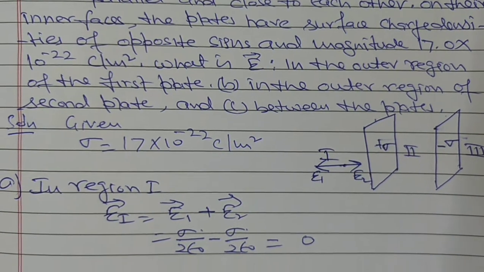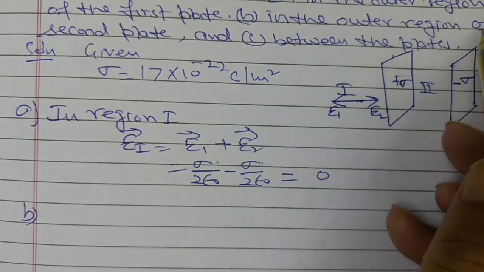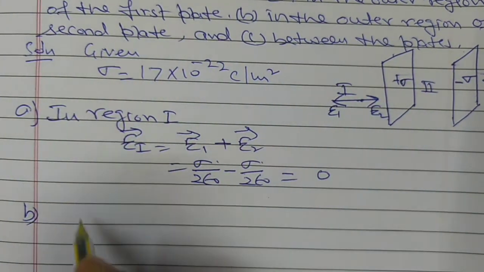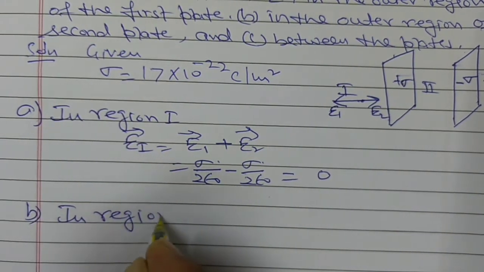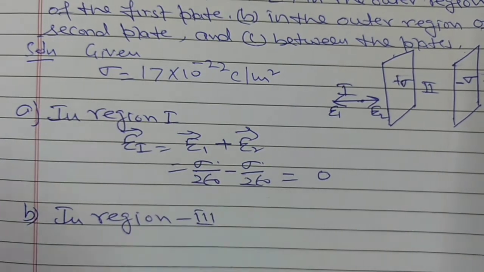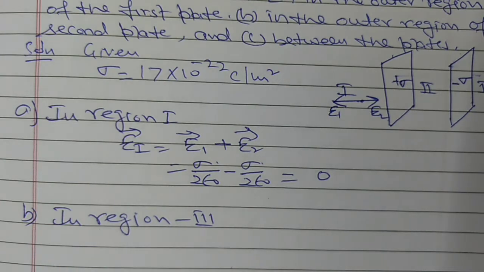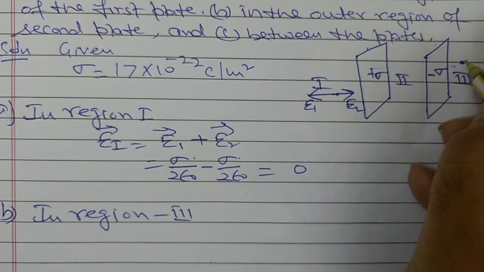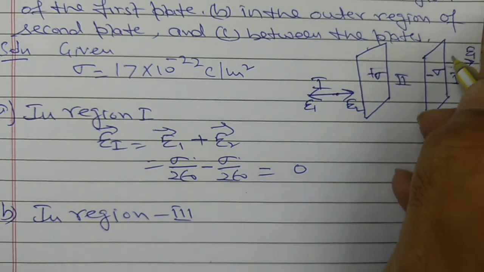Now similarly, B part, electric field intensity in the outer region of the second plate. Outer region of the second plate means in region third. Here electric field intensity due to this first plate, which is positively charged, is away from the charge. This is E1, and similarly due to this negative charge is toward the charge.